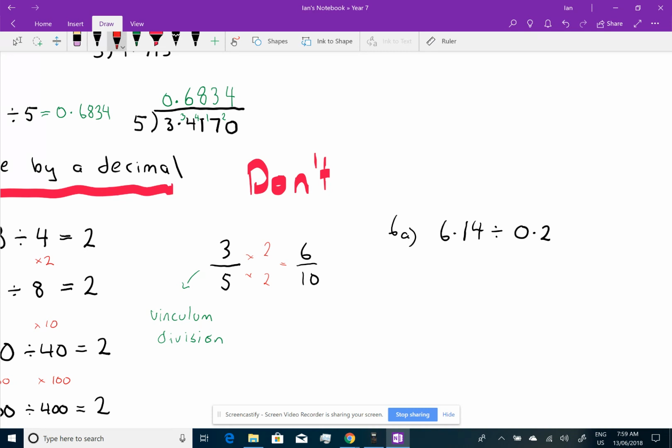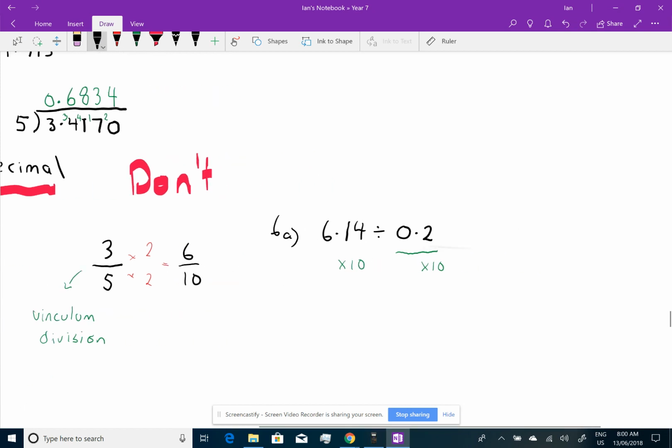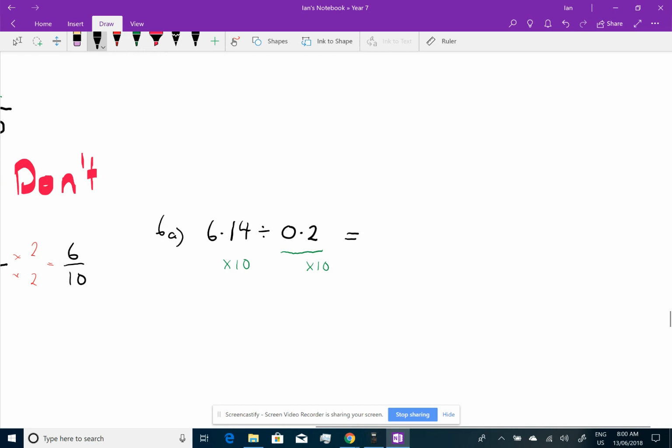Well, if it doesn't matter that I multiply them, I'm going to multiply them by a power of 10 to change that to a whole number. In this case, I only have to multiply by 10. And remember, I've got to do it to both numbers. This becomes 61.4, and that one becomes 2.